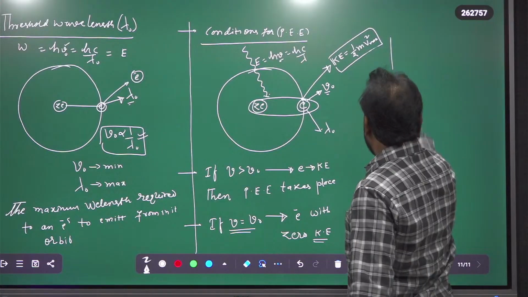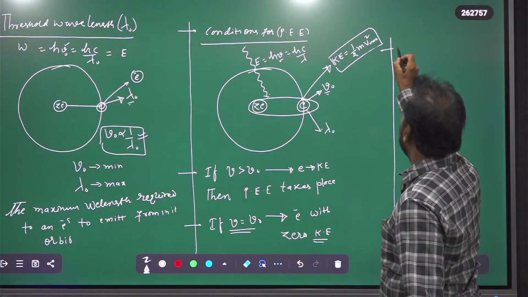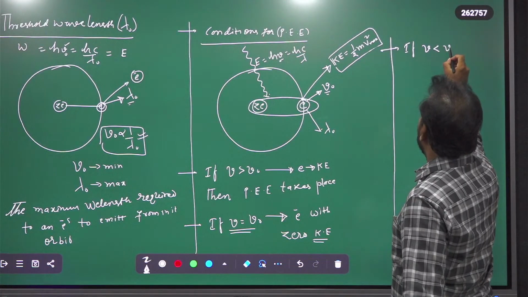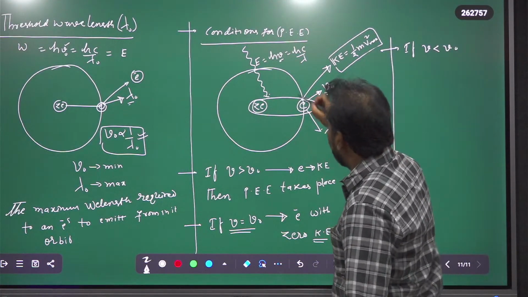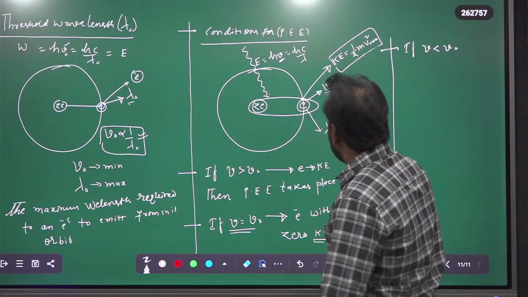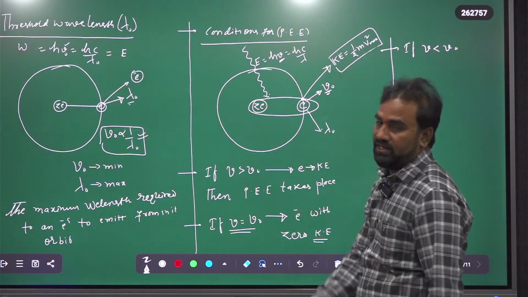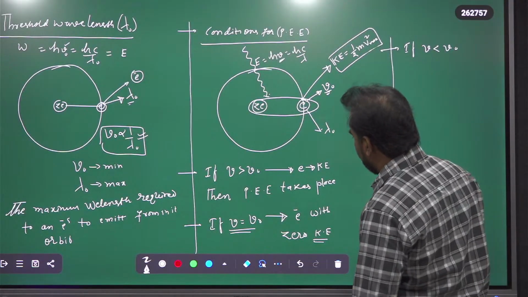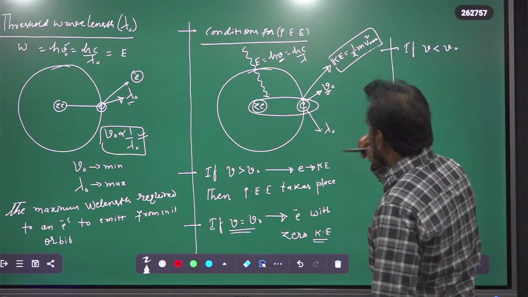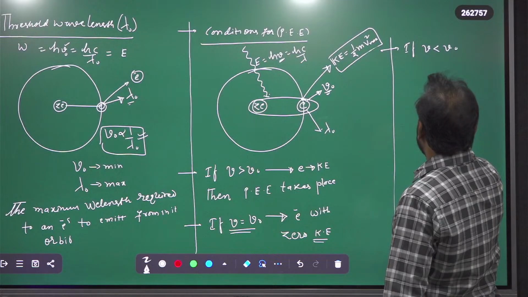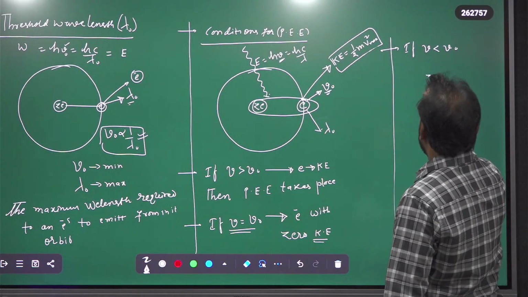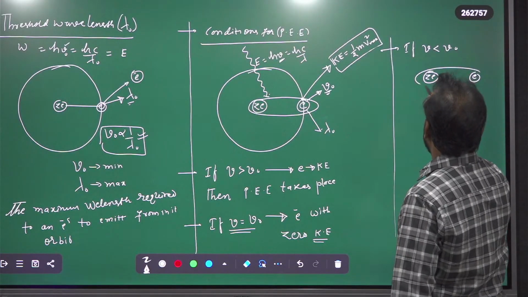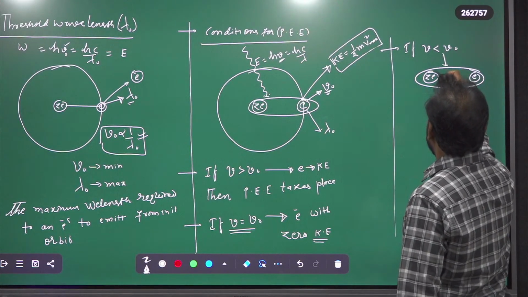Next, the third condition: if nu is less than nu naught, that means the frequency of incident light is less than the frequency of rotation of the electron. In this case, no photoelectric effect takes place, because the nuclear attraction force could not be broken.